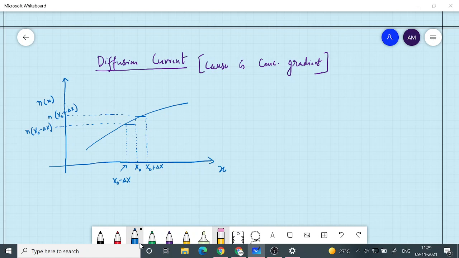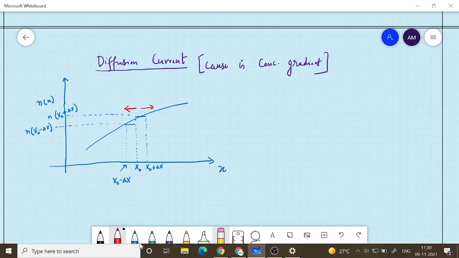Now if you look at the motion of electrons along the x-axis, half of the electrons will move to the right, half will move to the left, because the electron doesn't know where is high concentration and where is low concentration. They are moving in a statistical manner.